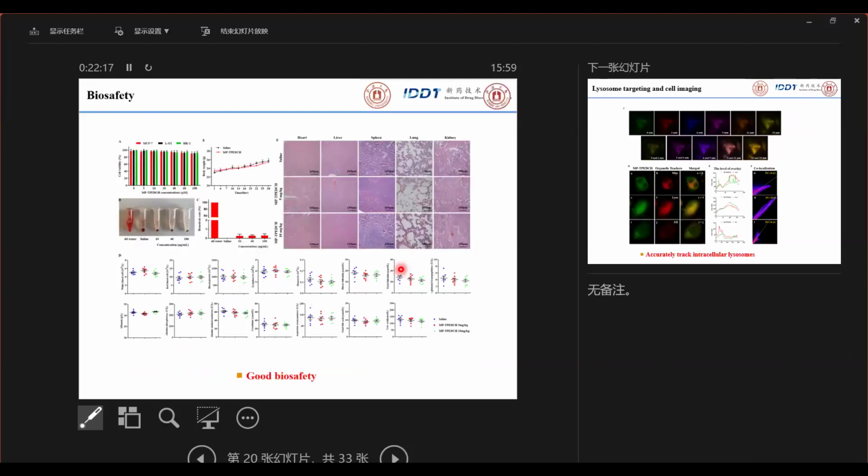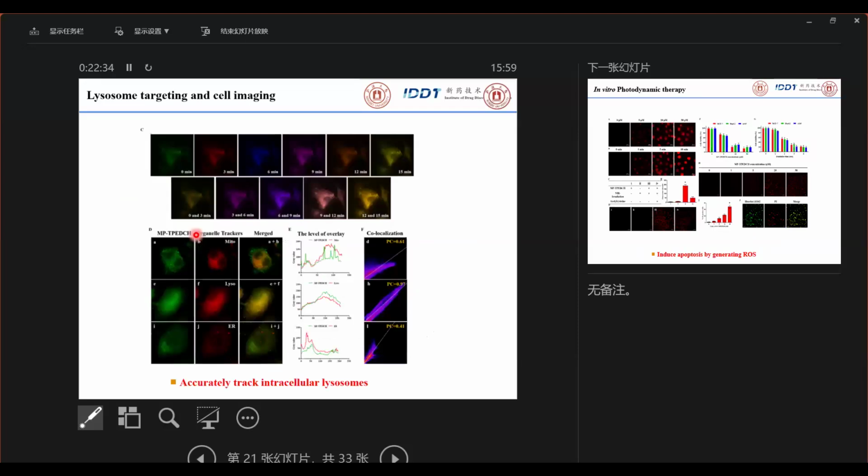So before applying it to animals or even a real body, we should first investigate the biosafety. For example, we use cells, or tissues, or organs to check.